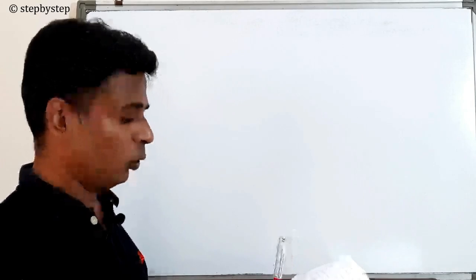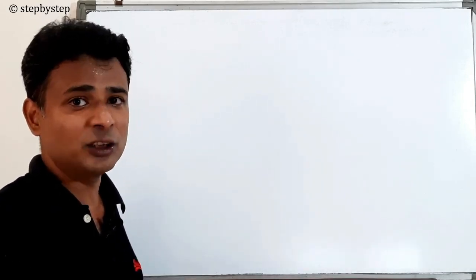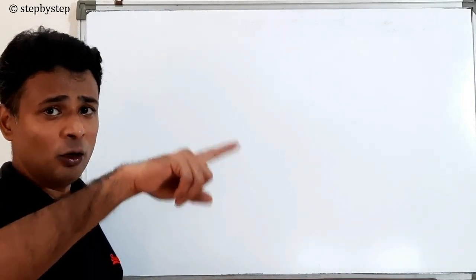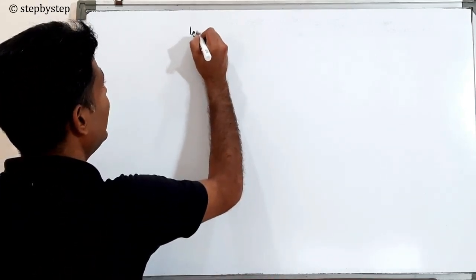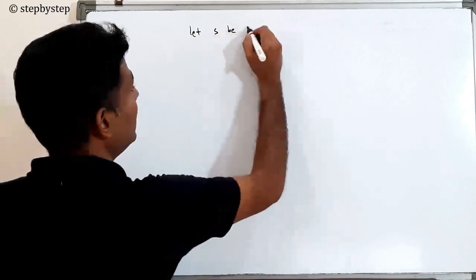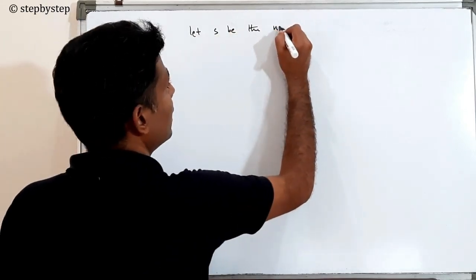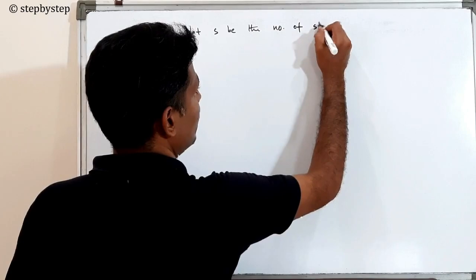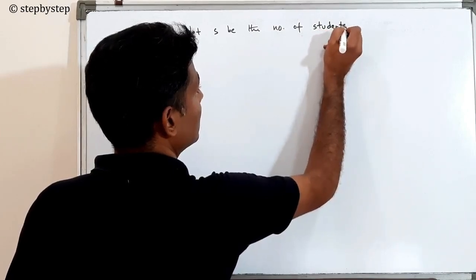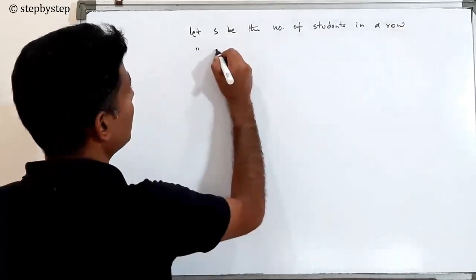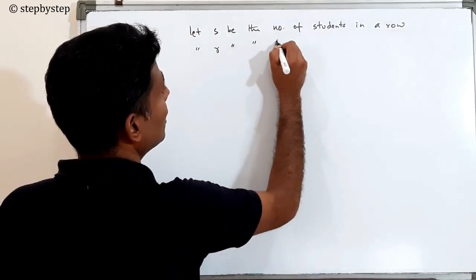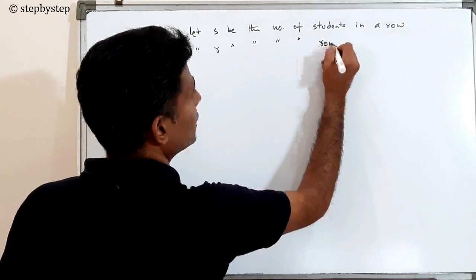What will be the total number of students in the class? So how will you count the students? Number of students in one row into total number of rows. So let S be the number of students in a row and let R be the number of rows.